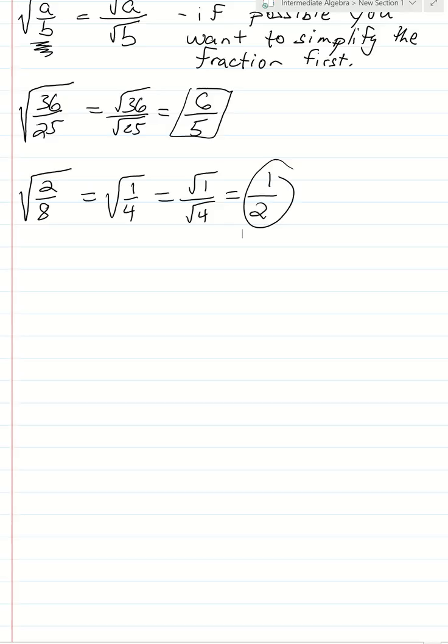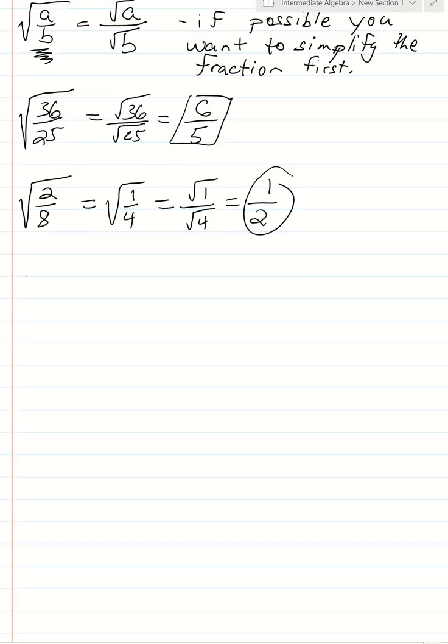Of course, we can also do it with variables. Let's take the square root of, let's say, x to the 4th over y to the 10th. Well, we can't simplify this fraction. And so now we would take the square root of the numerator, x to the 4th, over the square root of the denominator, y to the 10th.